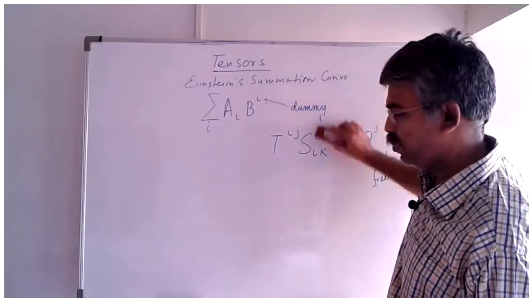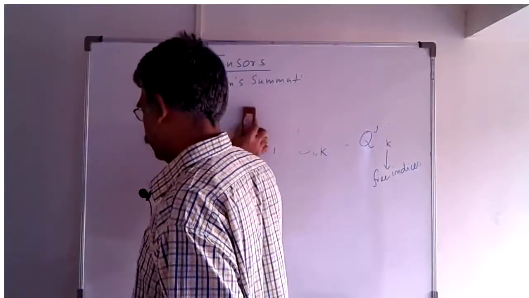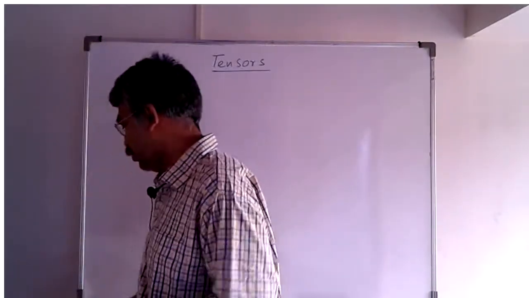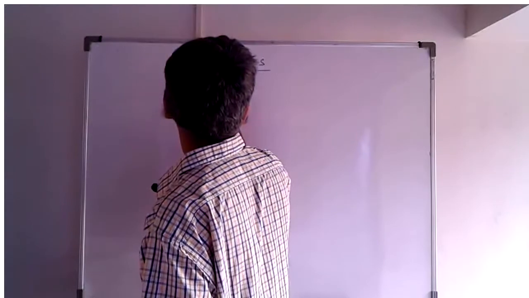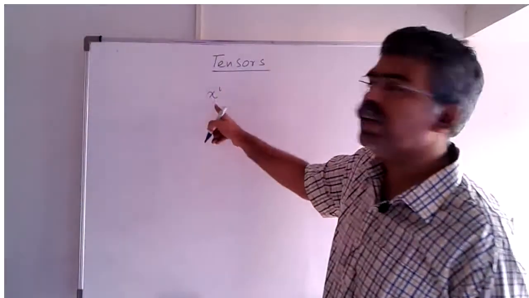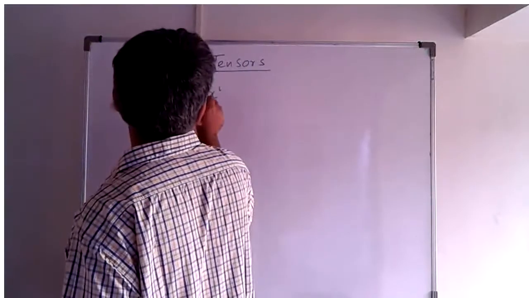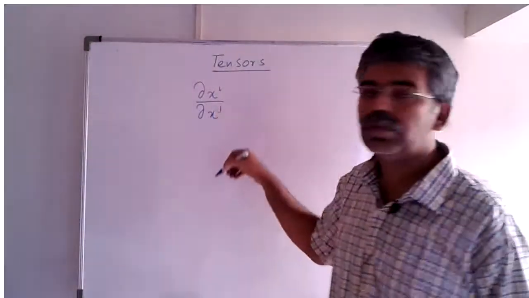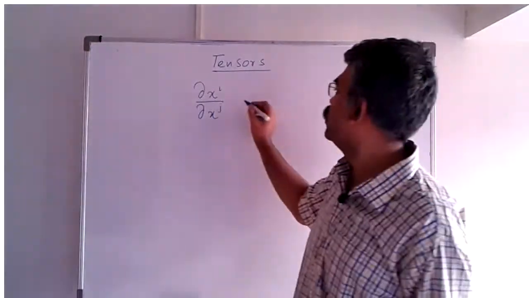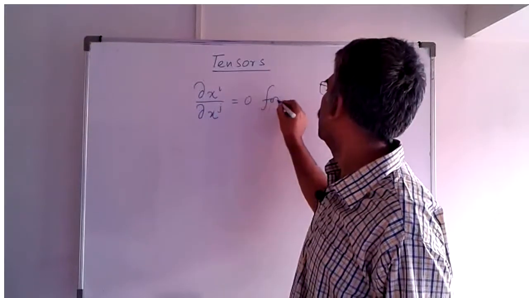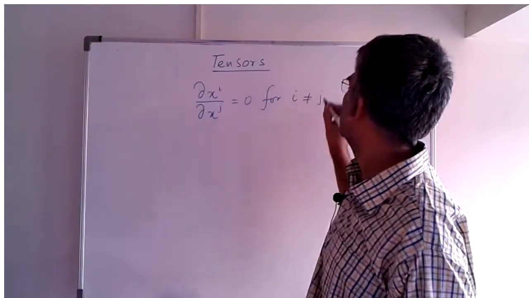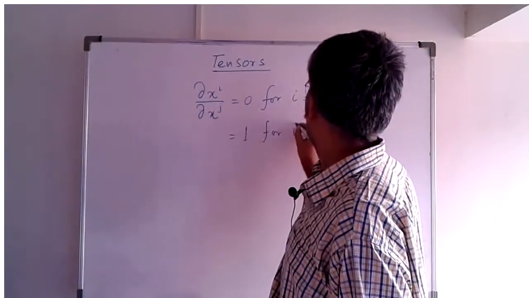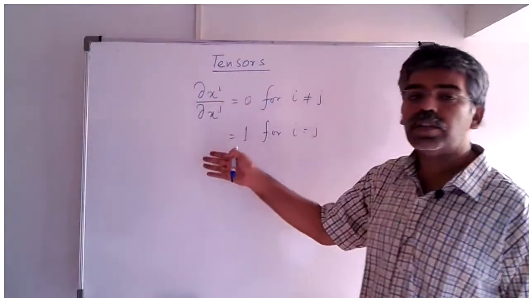So let me write that. Suppose x^i is one coordinate. Now if I take a derivative of this coordinate with respect to some other coordinate, i not equal to j, this will be 0 for i not equal to j. Only this will be 1 if i equals j, that means if the coordinates are same.